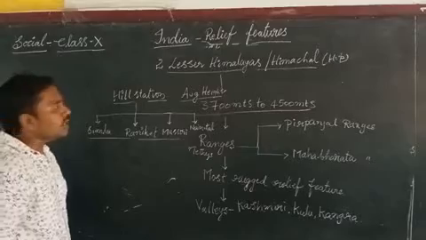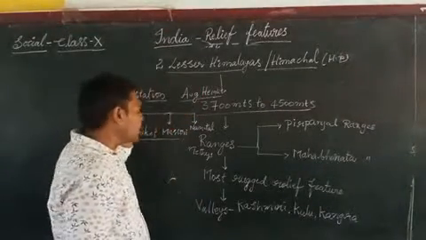These are the famous hill stations which are located in the Lesser Himalayas. Once again, the famous hill stations are Shimla, Ranikhet, Mussoorie, and Nainital.